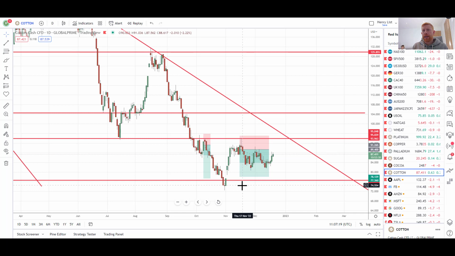Now, for me, I'd be out of this trade a long time ago. Would have taken my 1-to-1 out of it and just walk away. But let's see how it plays out. It may go in our favor, it may not. But the more sideways it gets, the less chance of it dropping, the more chance of it turning to the upside.